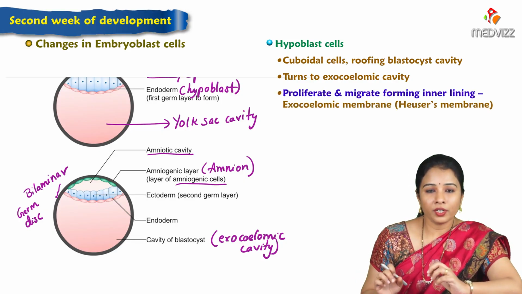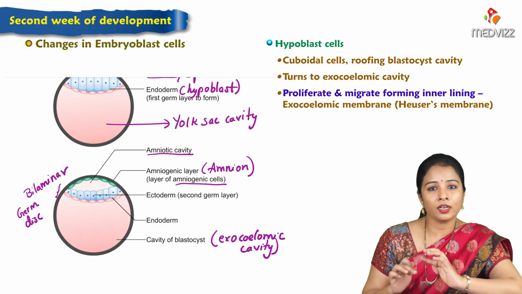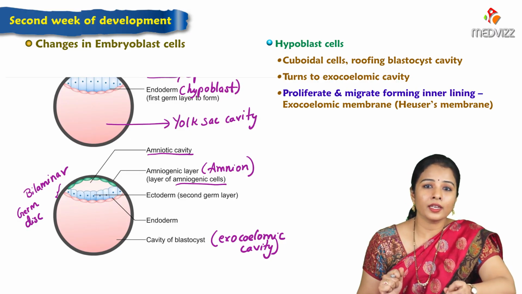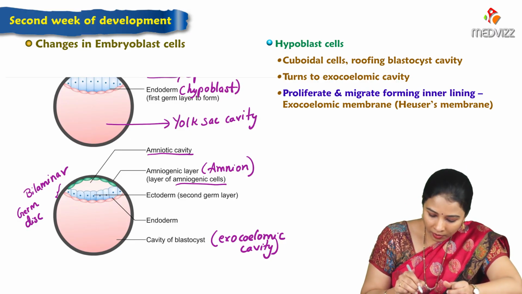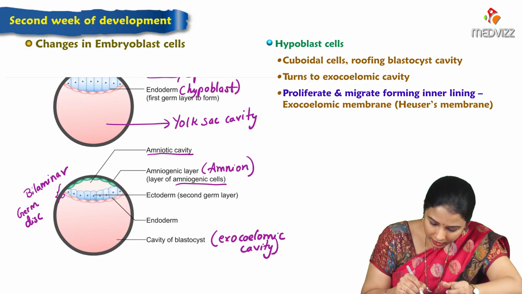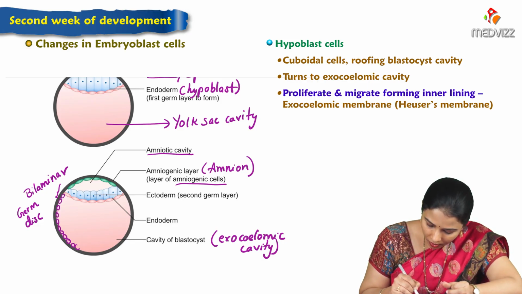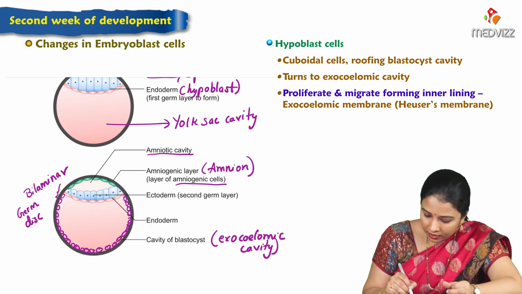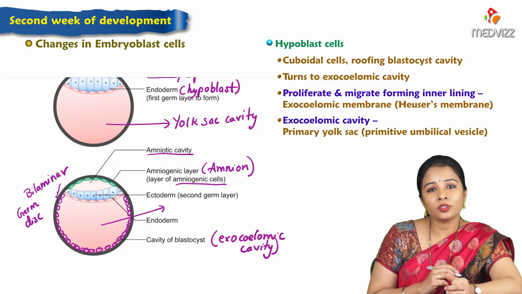These cells proliferate. Now the hypoblast cells, they start dividing, they proliferate and migrate, forming the inner lining of the exocoelomic membrane. So they migrate like this and they form the inner lining along the exocoelomic membrane. So now this cavity is called the primary yolk sac cavity.